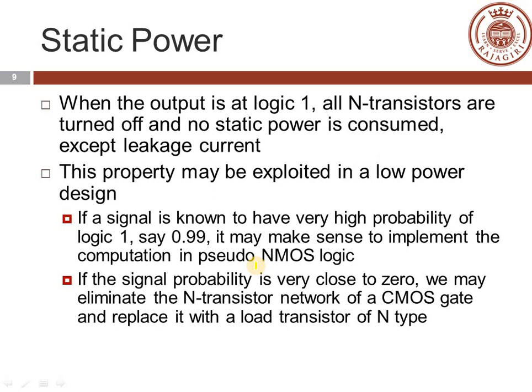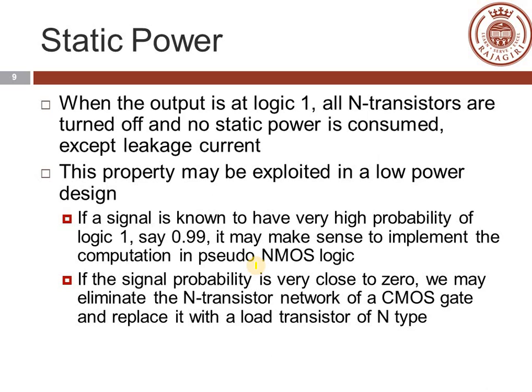That is, if you know a signal to have a very high probability of logic 1, say 99%, it may make sense to implement that computation in pseudo-NMOS logic. But if the signal probability is very close to 0, we may eliminate the N transistor network of a CMOS gate and replace it with a load transistor of N type.